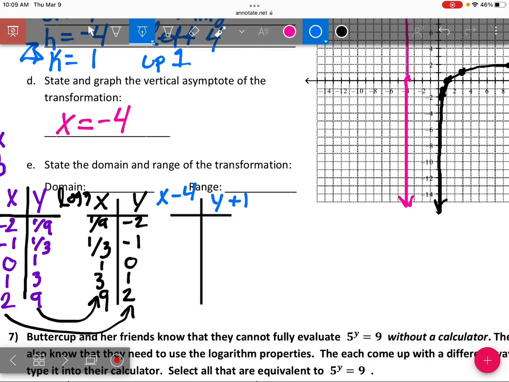So we're going to have 1/9 minus 4, which is -3 8/9. Our y plus 1, -2 plus 1, -1. 1/3 minus 4 is -3 2/3. Negative 1 plus 1 is 0.